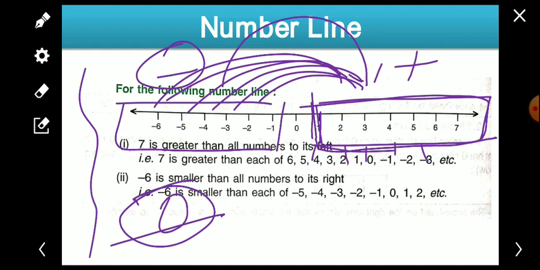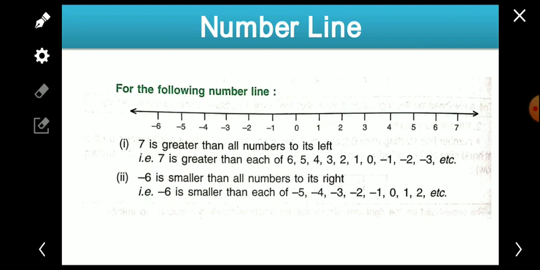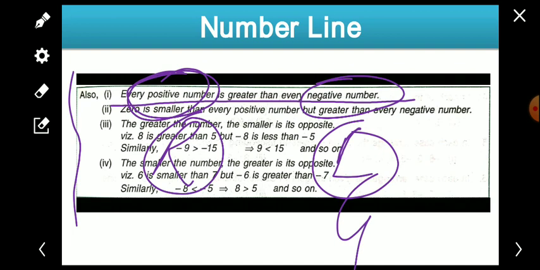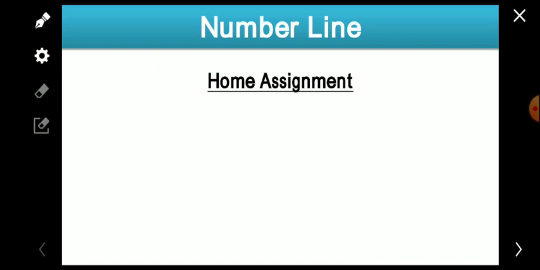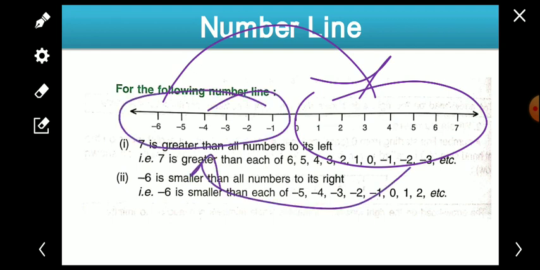So positive integers are always greater than the negative integers, because every positive integer is on the right side of each and every negative integer. Negative integers are always smaller than the positive integers.